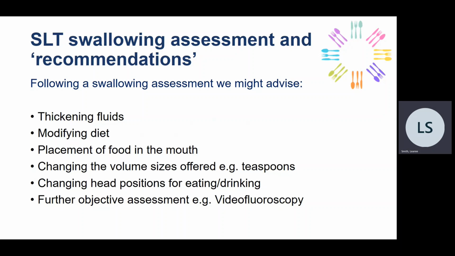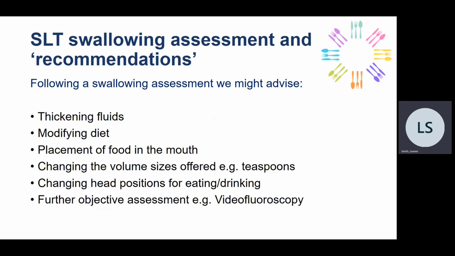So from an assessment, one or all of these things may be suggested to be amended within the recommendations. For example, thickening the consistency of fluids might help to reduce someone's risk of aspiration. Modifying diets might also help the person to chew just that little bit easier with minimal residue in the mouth after swallowing, therefore reducing their coughing or choking risk.